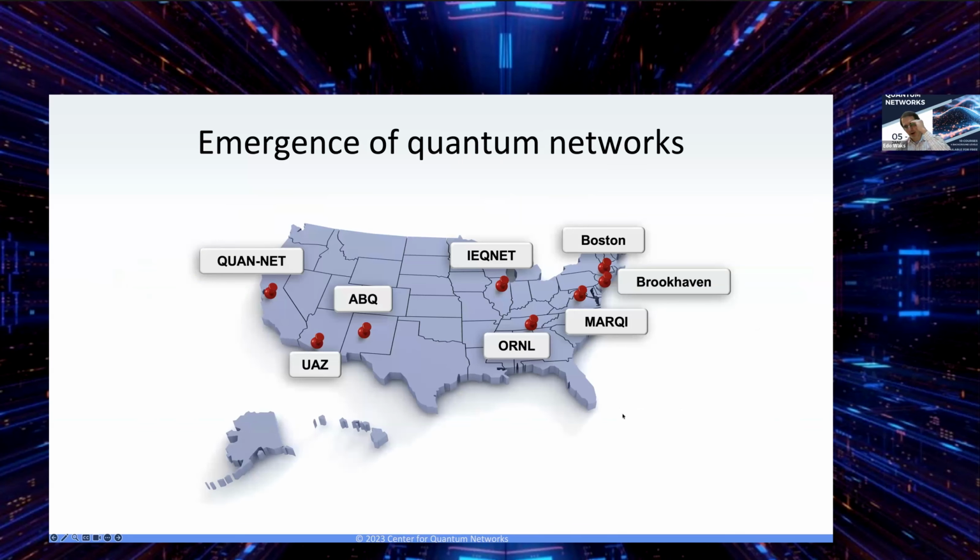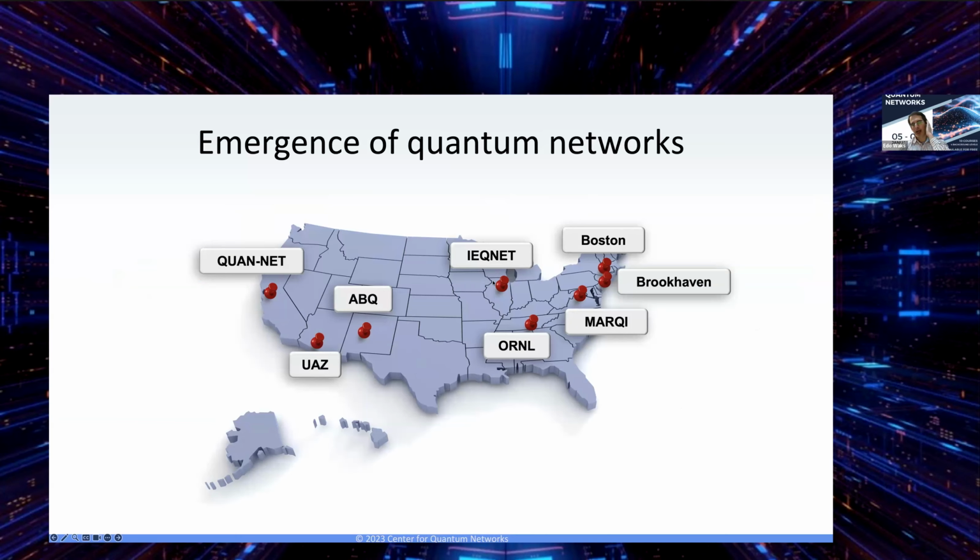And in fact, because of all this progress, there's been a proliferation of quantum networks appearing in various geographical regions. In the United States, several different institutions have already started establishing local quantum networks. There's QuanNet in California, University of Arizona and Albuquerque have their own networks.